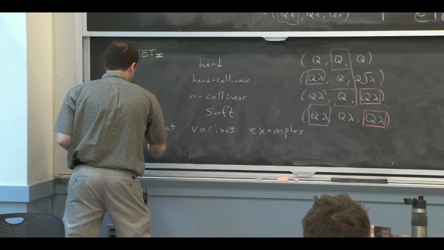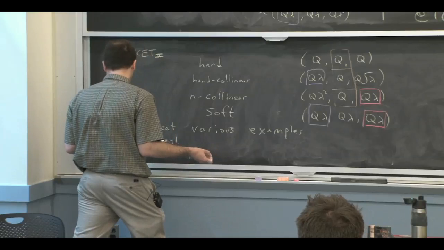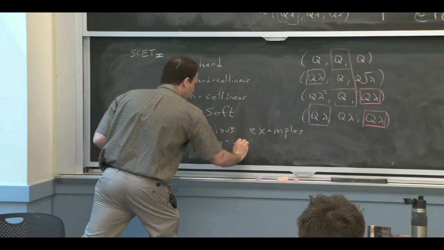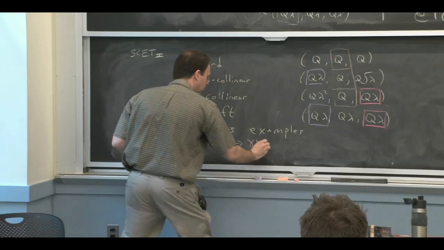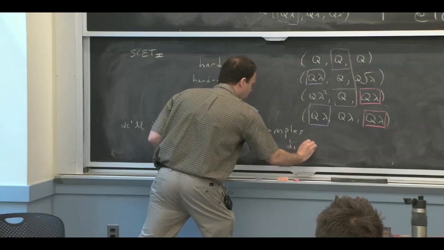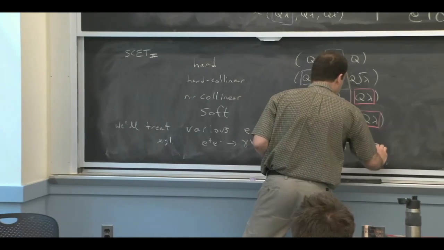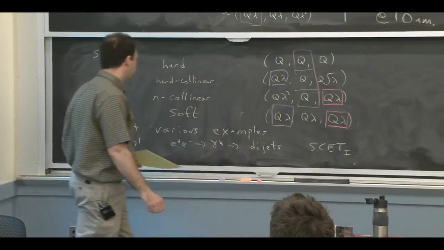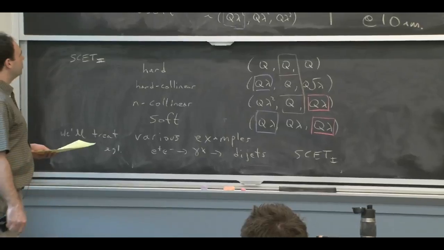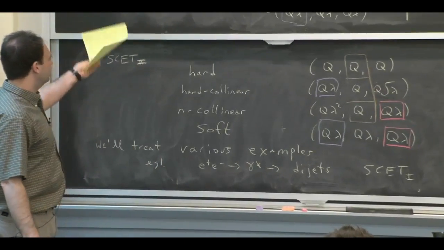So the next example we'll do, which I'll call example 1, is dijet production. So this is an SCT1 situation. The difference from the example we did so far, DIS, is that DIS was so simple because it only had 2 degrees of freedom, so you could think of it as either SCT1 or SCT2.